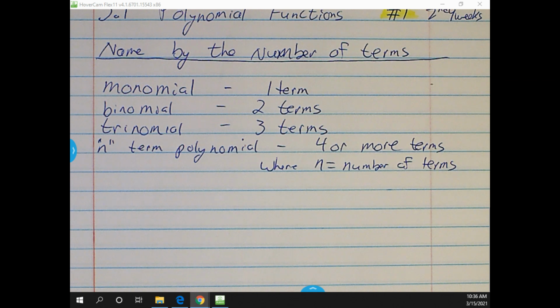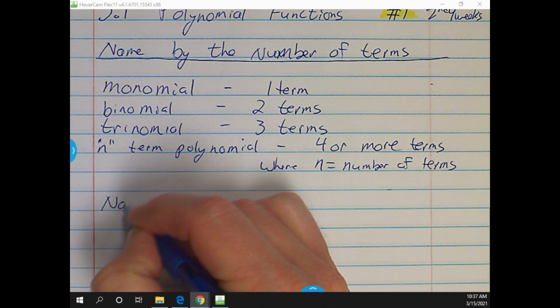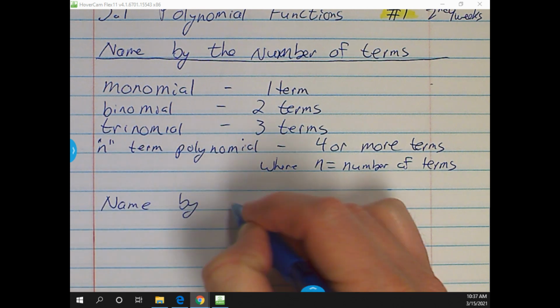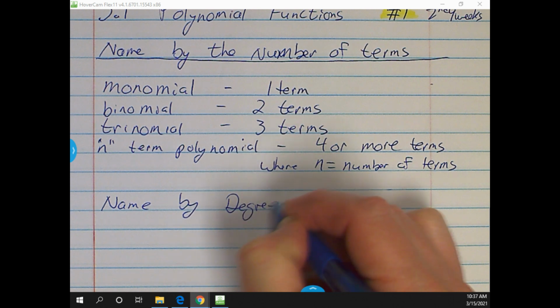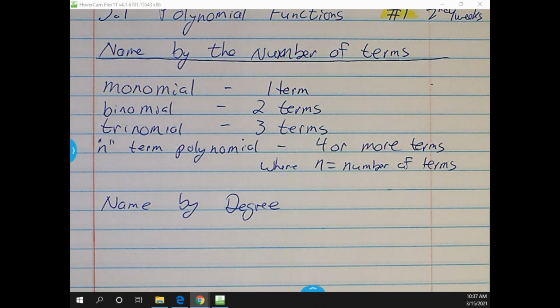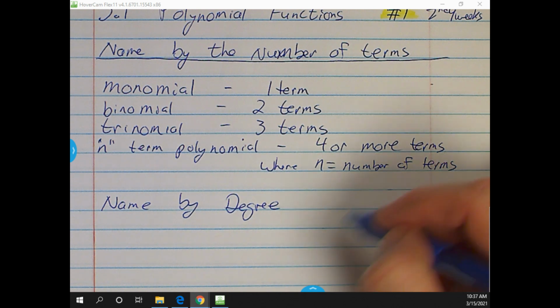Okay, and then the other thing they're going to ask you to do, they're going to ask you to take a polynomial function. You're going to name it by the number of terms. You're also going to name it by degree. And when we do this, we're going to make a little chart here to kind of help us out.